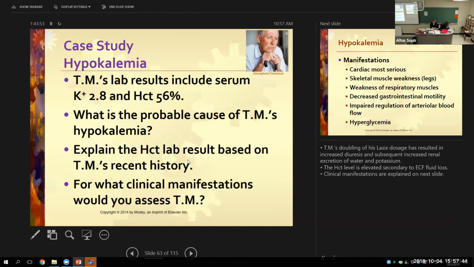Probably if we did a BUN, his BUN would be a little bit elevated right now as well. So even though he's felt puffy, he's been taking this extra Lasix. He's now caused himself to have fluid volume depletion, and he's lost the extra potassium along with the Lasix and the IV fluid. So that's probably the problem that's going on. It says here the hematocrit level is secondary to your extracellular fluid loss.